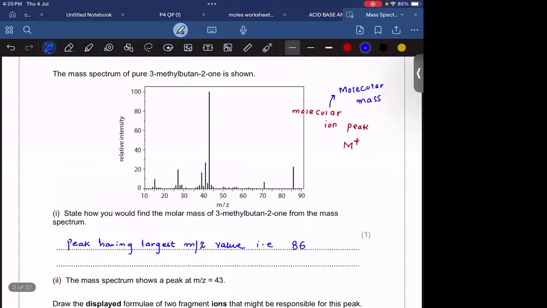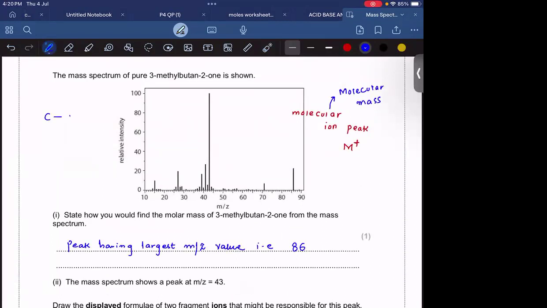Let me justify this. 3-methyl butane-2-one is this.